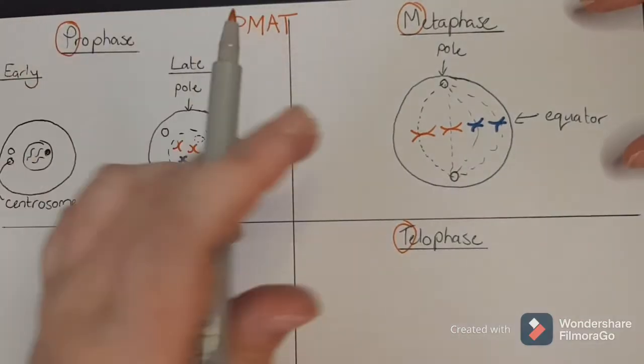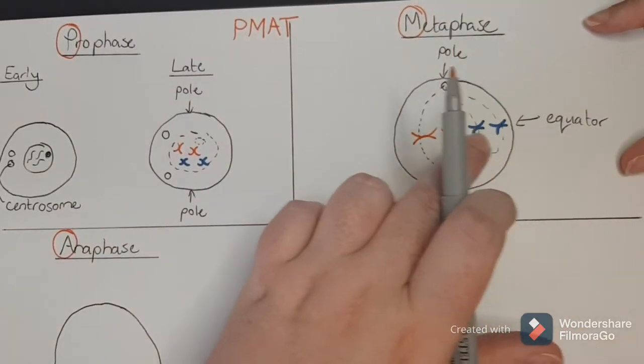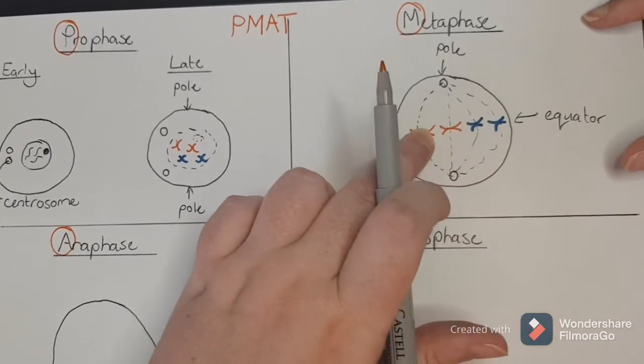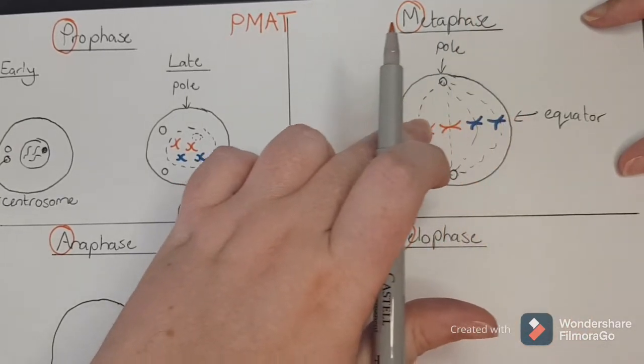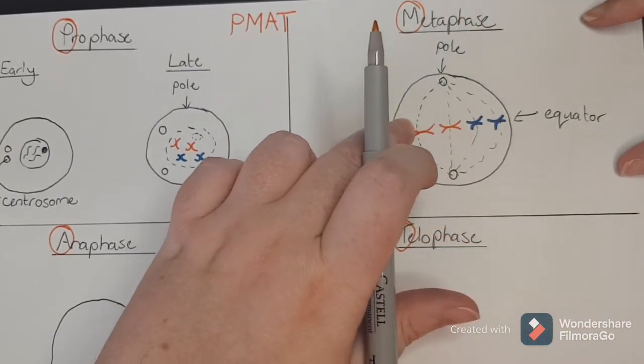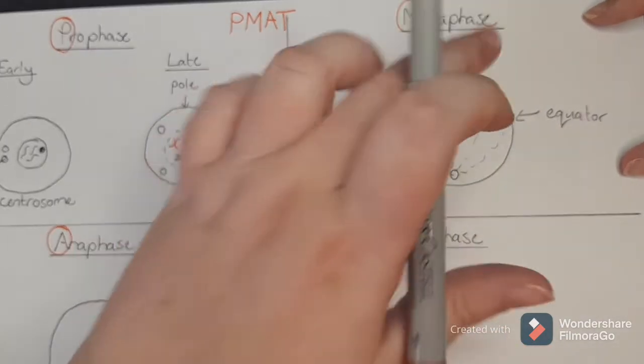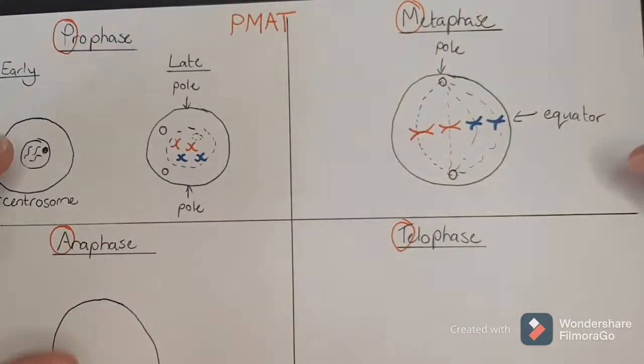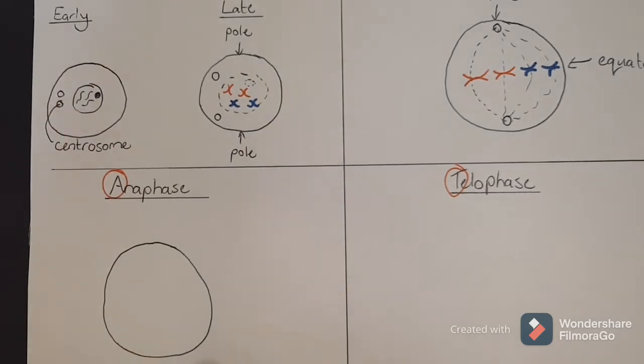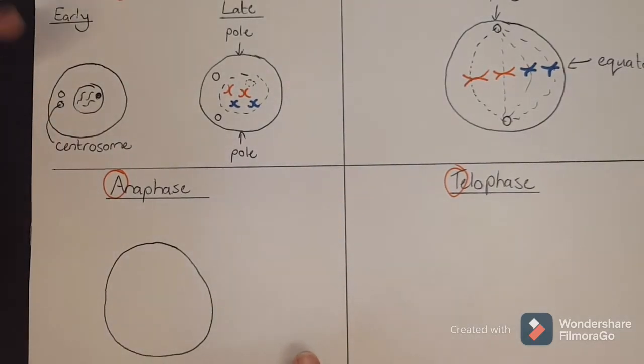Okay, so we recognize metaphase by all those chromosomes lining up in the middle, so you end up with this dark line that you can see at the equator. So once they're all lined up and the spindles go through each of them, then the cell goes through anaphase.